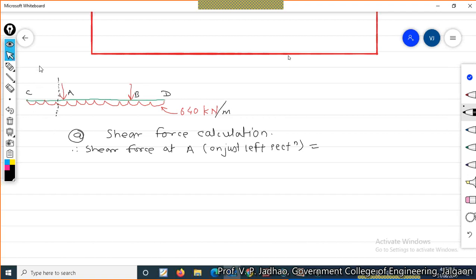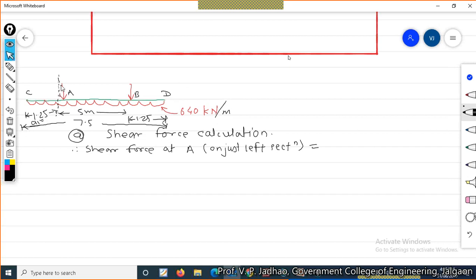It is going in the upward direction, therefore shear force will be positive, and the load will be 640 multiplied by this particular distance. We have already calculated this as 1.25. So this is A1, equal to 1.25. This A2 is again equal to 1.25 meter, and this distance is 5 meter, and this complete distance is 7.5 meter.